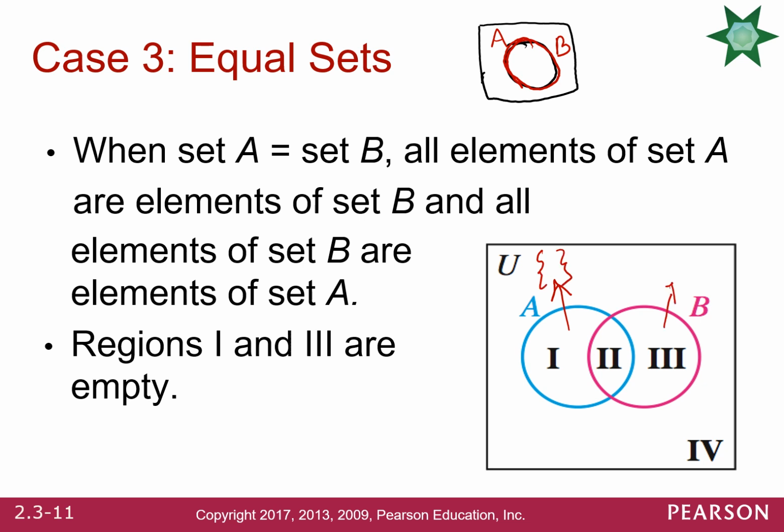Region 3 would also be an empty set. All the values would be contained in region 2. So regions 1 and 3 would be empty, and region 2 would be the intersecting region, with the values for A as well as the values for B, because all elements are common here.